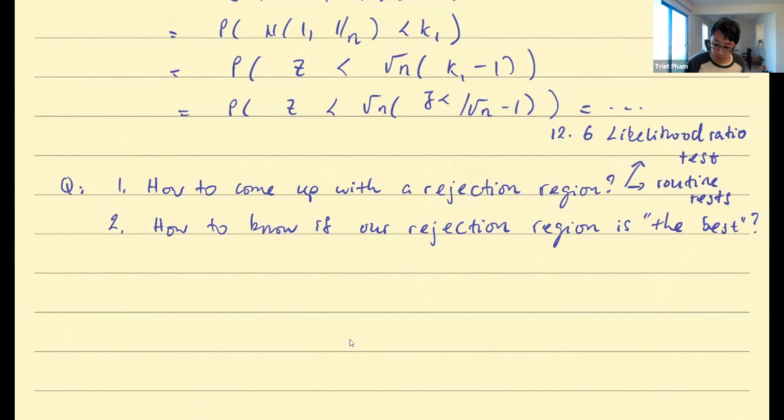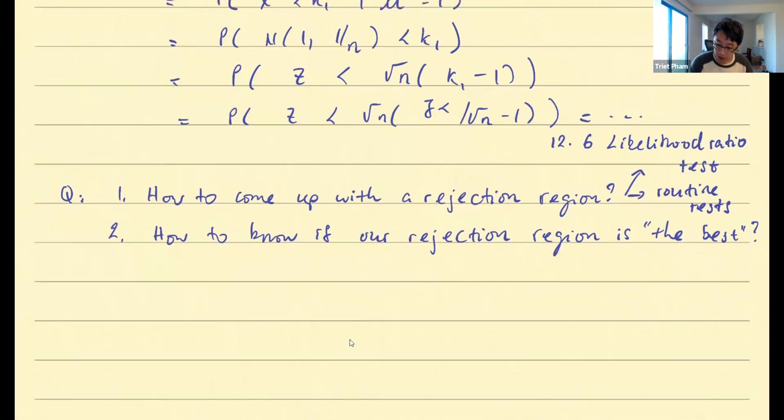The Cramer-Rao lower bound gives you a very beautiful way to tell if some estimator has achieved minimum variance among the unbiased class. So you can say that this estimator achieves the Cramer-Rao bound, so it's the UMVUE. Same thing here.